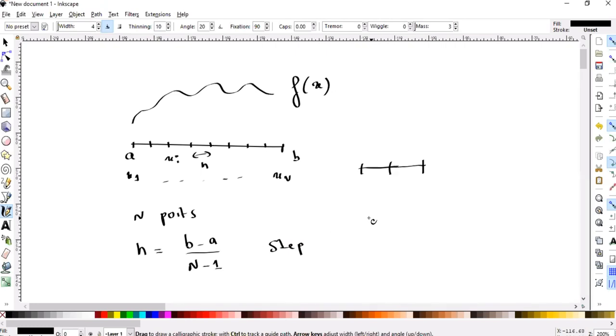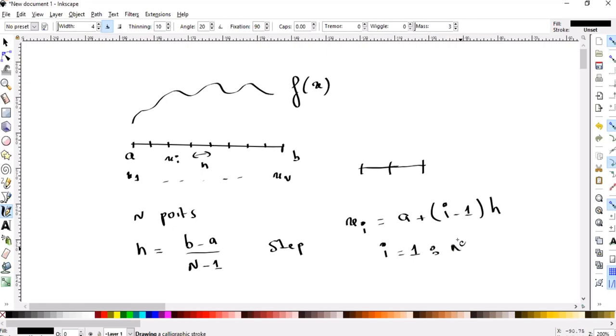Now any point xi, if they are equidistant by step h, can be expressed as a plus (i minus 1) multiplied by h. Why i minus 1? Because if you start from i equals 1 till n, for i equals 1, x1 is equal to a, and xn is equal to b.